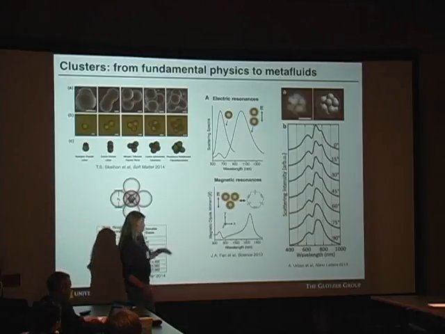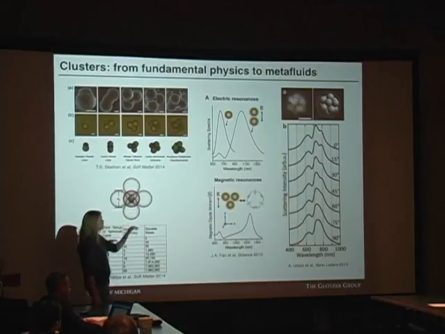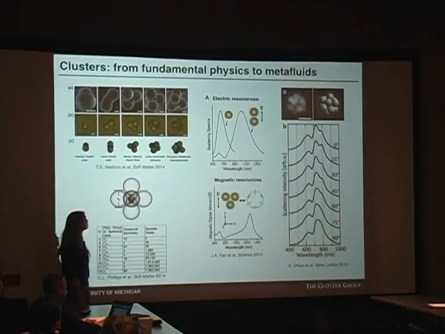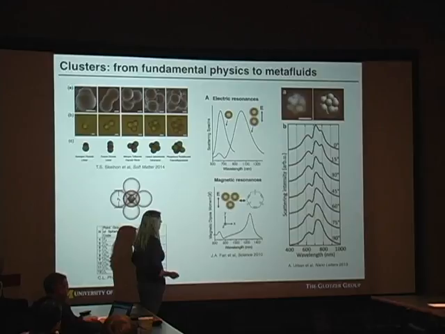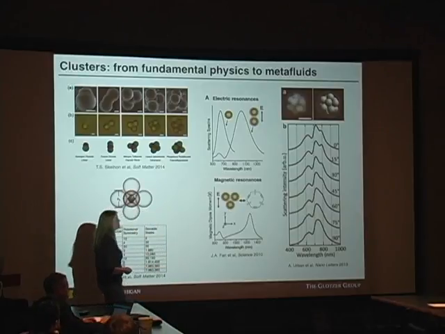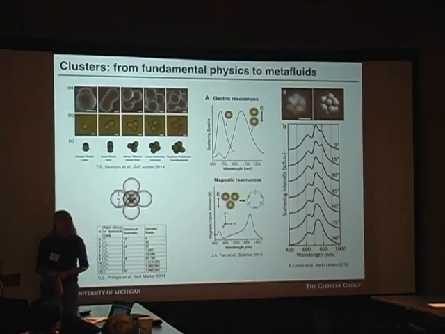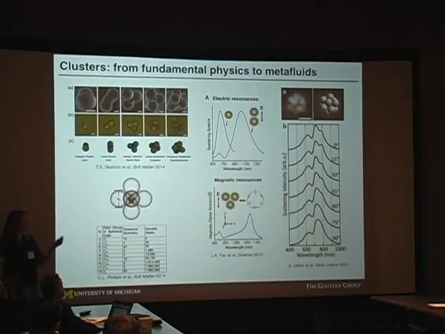So no matter the angle of incident light you shine on these clusters, the optical response is relatively the same. Then you can throw all these clusters in solution, and you have a fluid with a tunable optical response.